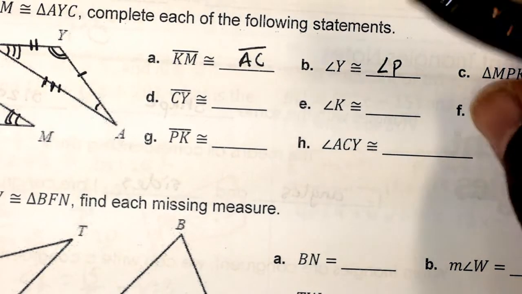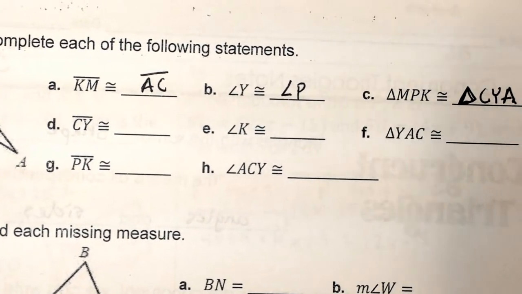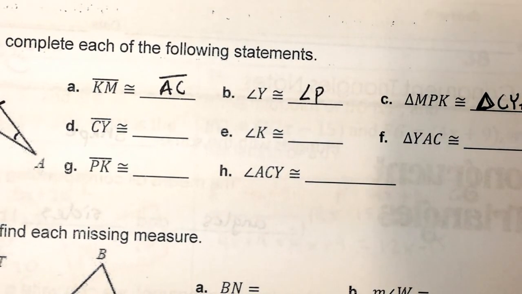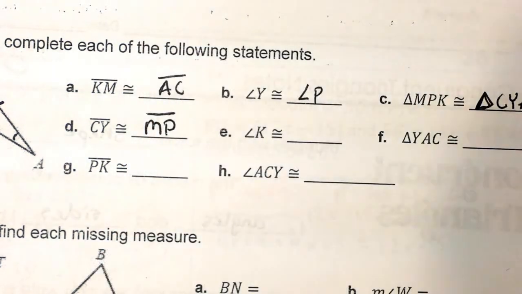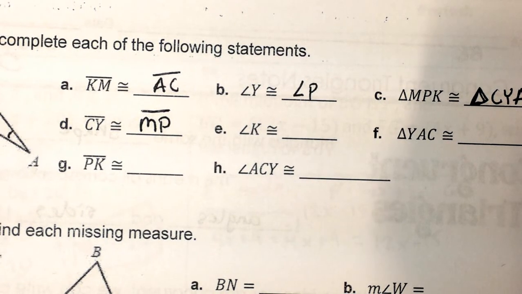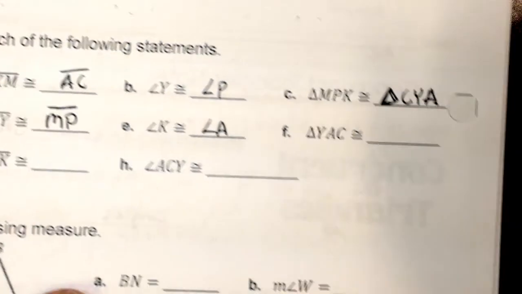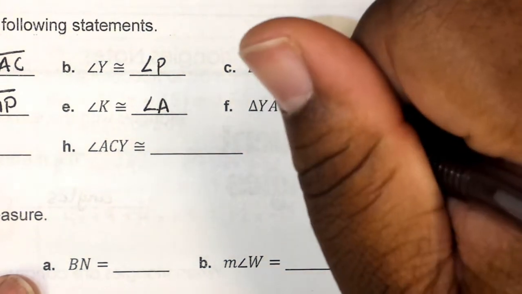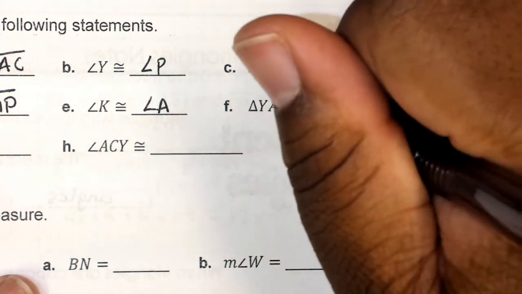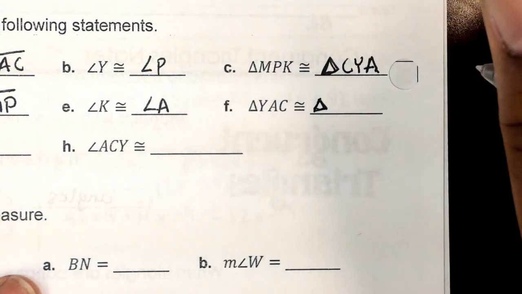I don't know how many times I gotta say it. Side CY is congruent to side MP. Angle K. Triangle YAC. It's congruent to triangle YAC.